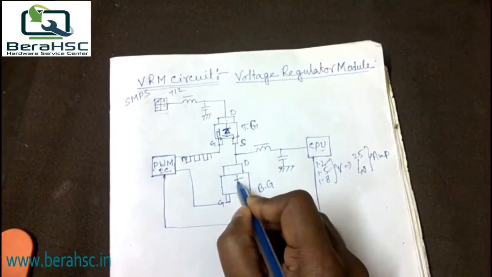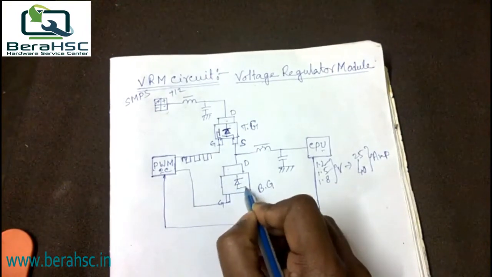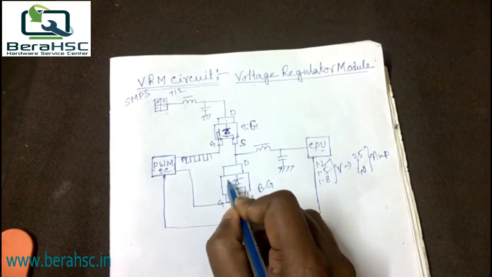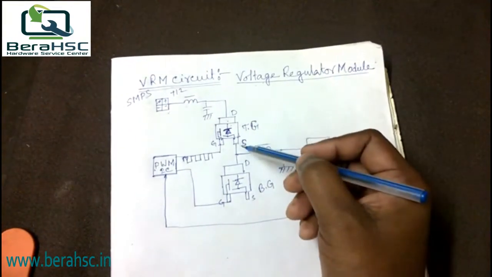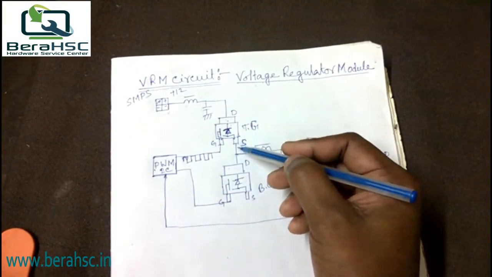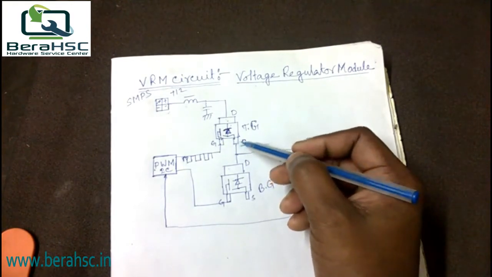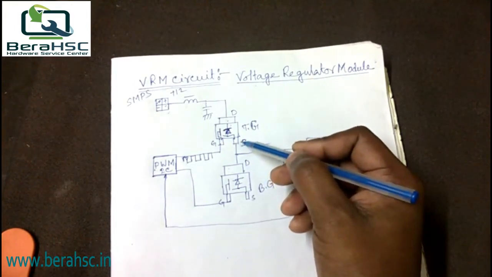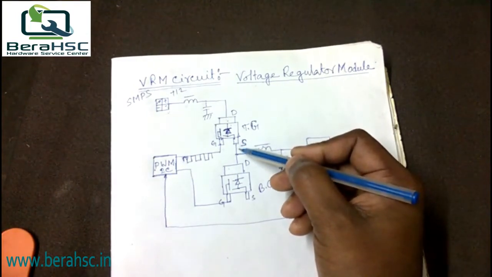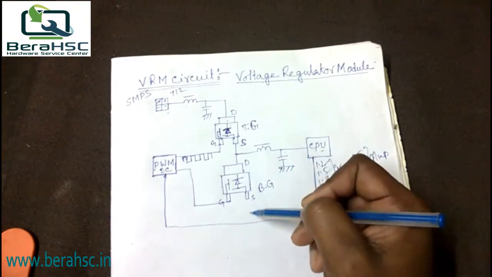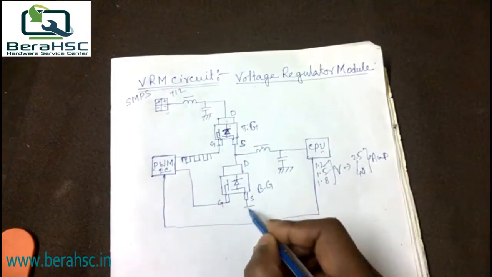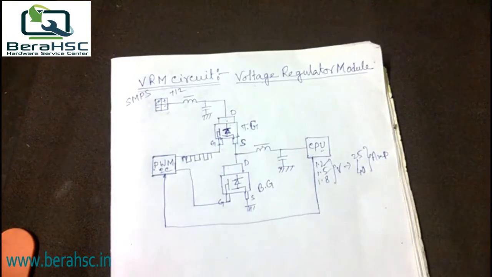They are using one more MOSFET. So friends, why are they using this MOSFET? When the input voltage is somehow faulty, or the voltage is much higher, then this high voltage passes through this MOSFET and goes to ground.